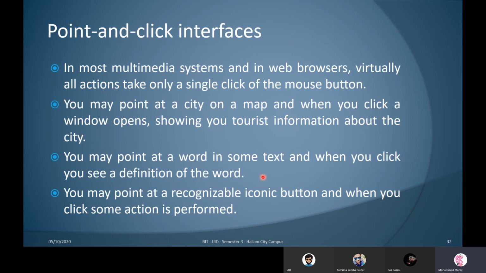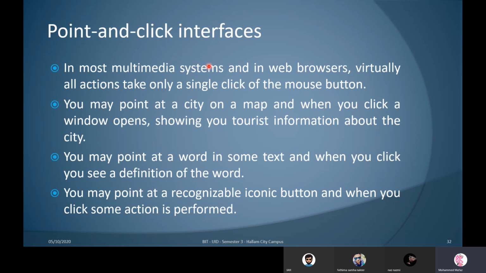You go to the relevant map, and just by pointing your mouse towards the city, you get additional information. Or maybe you click on that, and you get the photos and surrounding information, right? So that interface is point and click.